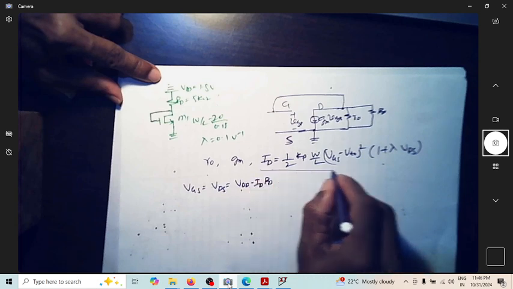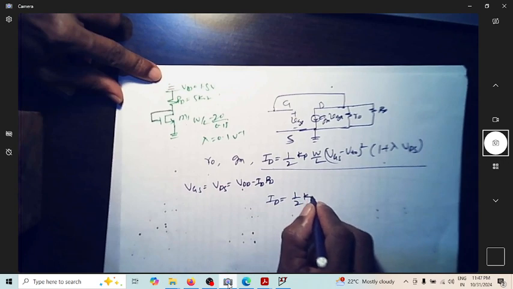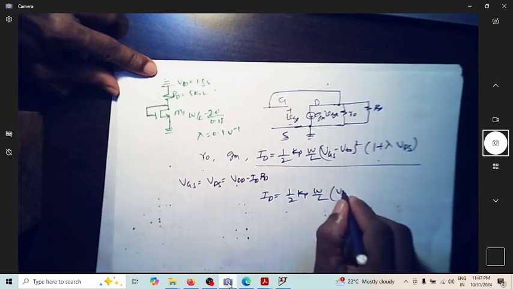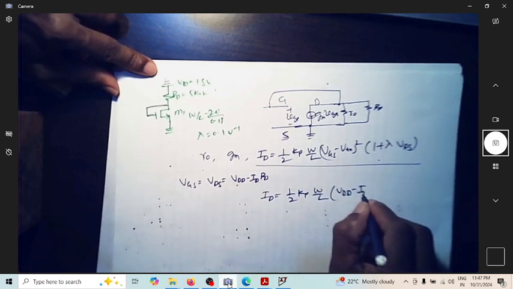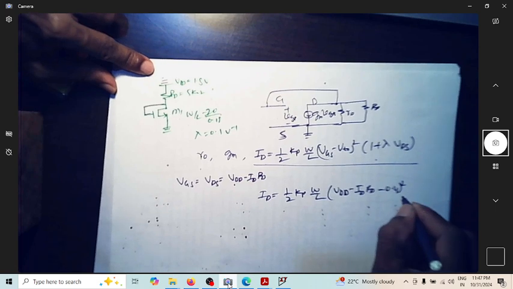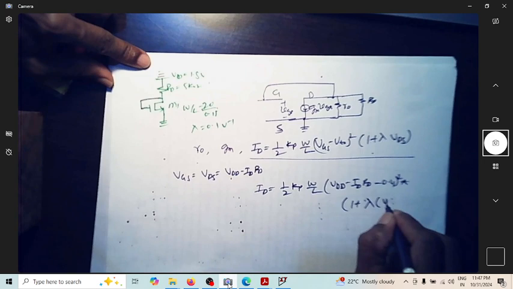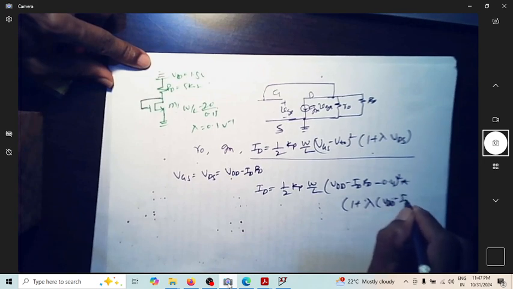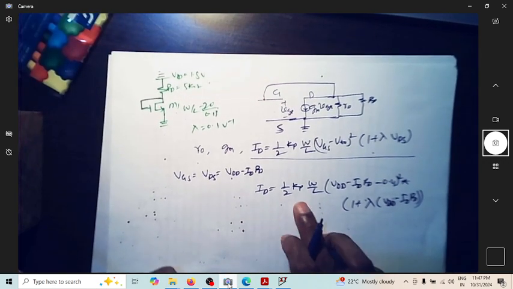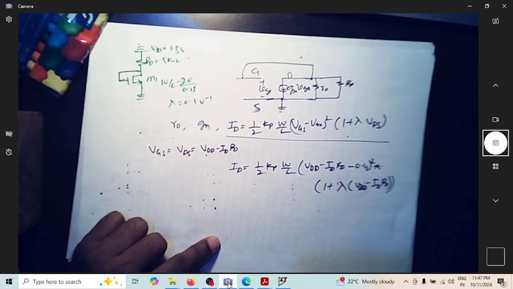So in this expression I will write ID is equal to half Kp W by L, (VDD minus ID RD minus 0.4) whole square multiplied by (1 plus lambda into VDD minus ID into RD). In this we know everything except ID, so we can find the value of ID here.